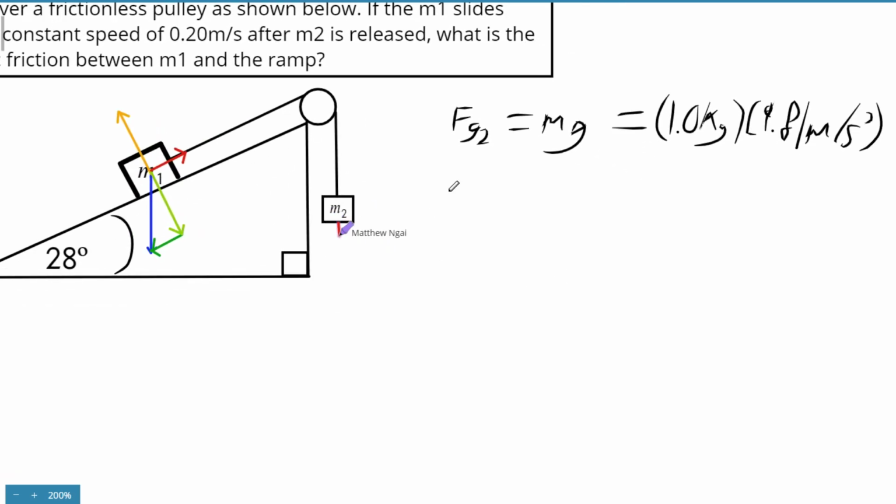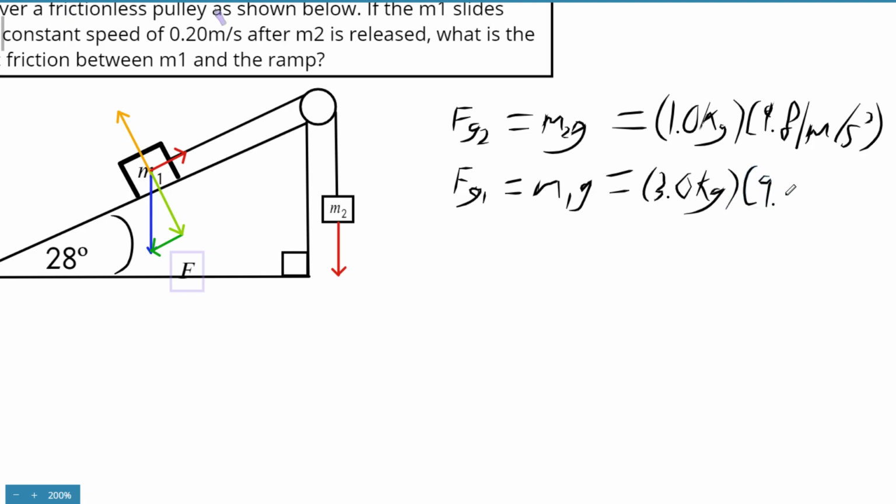So let's do that right underneath. Fg1 equals m1 times gravity. So that's 3.0 kg times 9.81 meters per second squared.